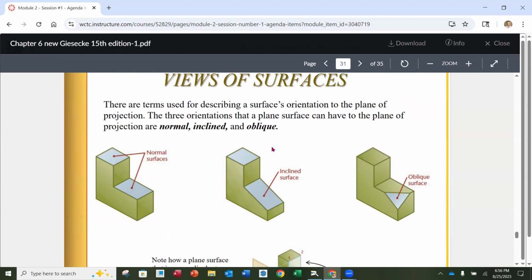When we look straight down, this point is higher than that point, and even though we see a rectangle, the length of that surface is not the same. So we end up having to create extra views to show those. That's going to be a little later in our class, probably 2 or 3 weeks down the road, where we create what we call auxiliary views, so we can get the true size and shape of that surface.